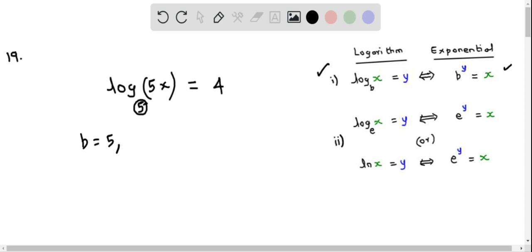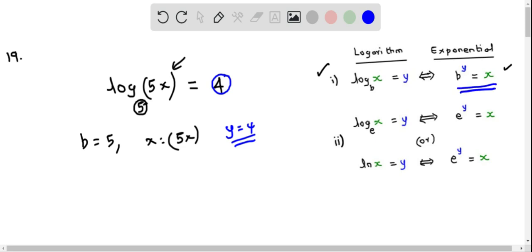And then the x represents this quantity. So we say that x is basically equal to 5x, and y, this quantity is y. So we see that y equals 4. So now I'm going to use this exponential form, that is b raised to the power of y equals x. So here b is 5.